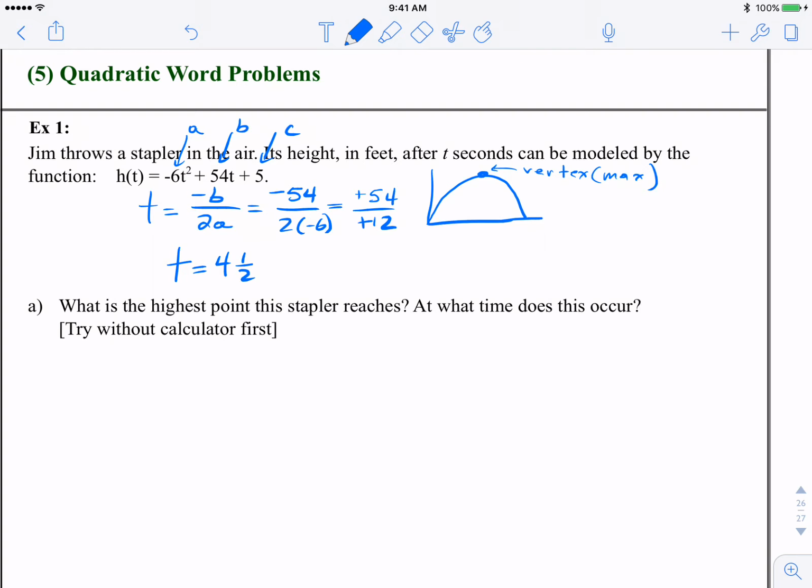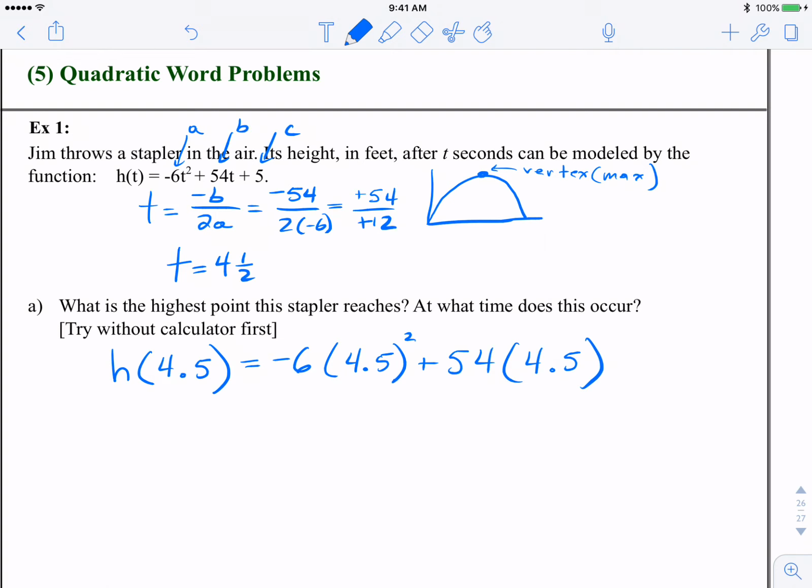Part 1, what's the actual height, would be us evaluating at 4.5. You could either enter it into your calculator and just check, but you would have to adjust your table, or simply evaluate at 4.5, basically plug in 4.5 for t. This is just some calculator work. This would all qualify under the, hey, justify your answer, explain your reasoning, which tests and Regents questions like to ask a lot.